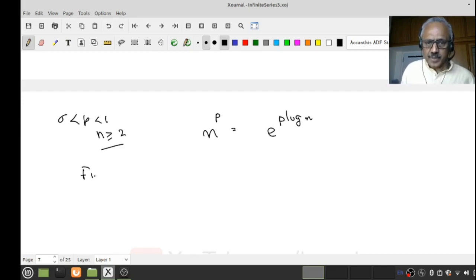Now fix n. Therefore n to the power p is this. Remember log n is positive if n is greater than or equal to 2.